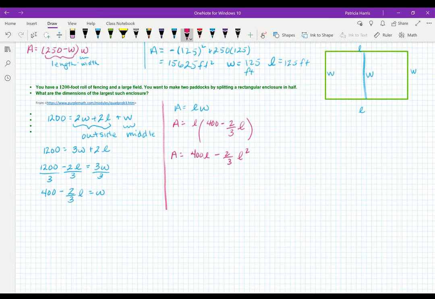So again, you can go to Desmos, find the maximum area that way, or we're going to use our friend x equals negative b over 2a. Now again, this is written backwards, so it's going to be negative 2/3 L squared plus 400L. So negative 400, over 2 times the negative 2/3. I'm going to put that in my calculator and see what that is.